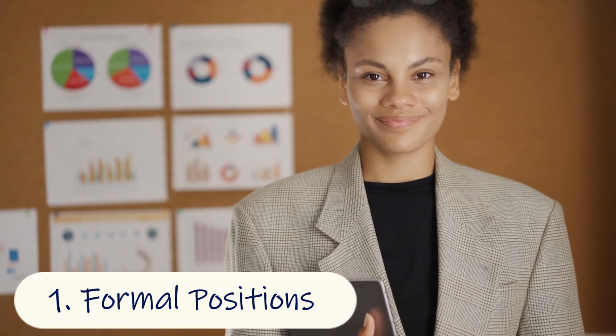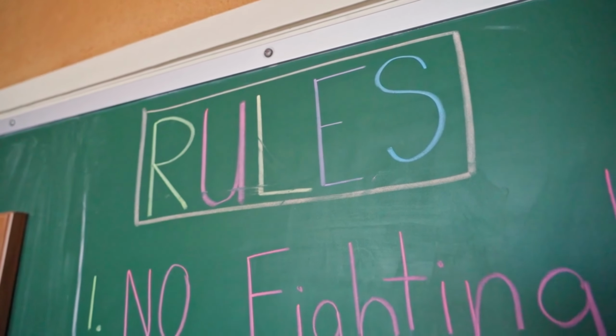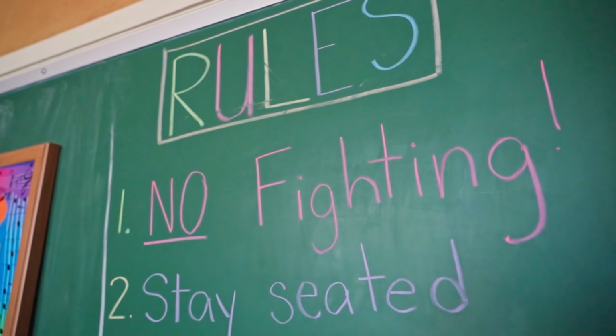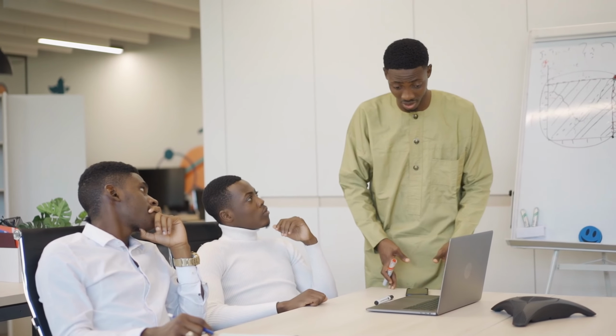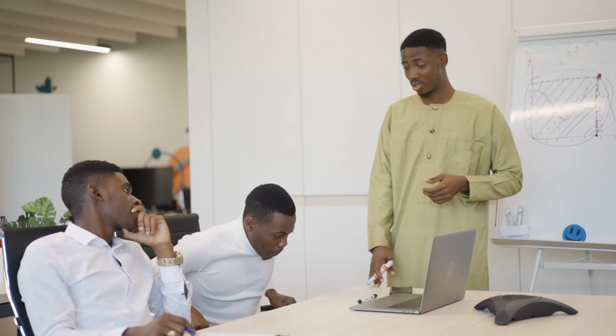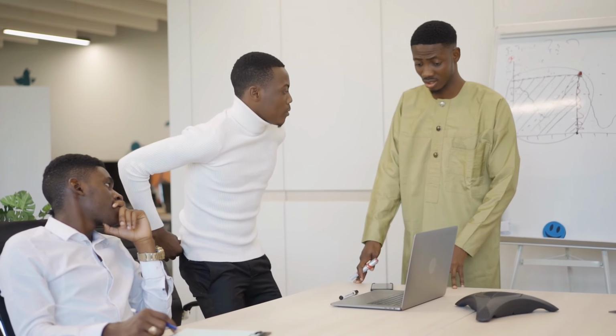Number 1. Formal positions. These are roles that are officially designated within the group, often through a hierarchical structure or job description. They come with specific responsibilities, authority, and expectations. For example, the leader, which is the person that guides or directs the group. In a formal group, the leader might have decision-making power or influence over others.